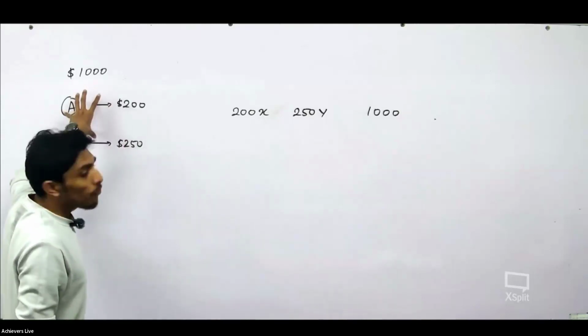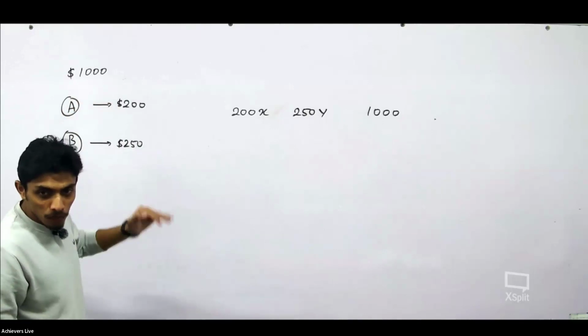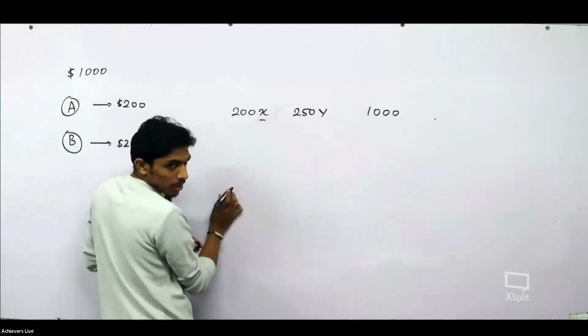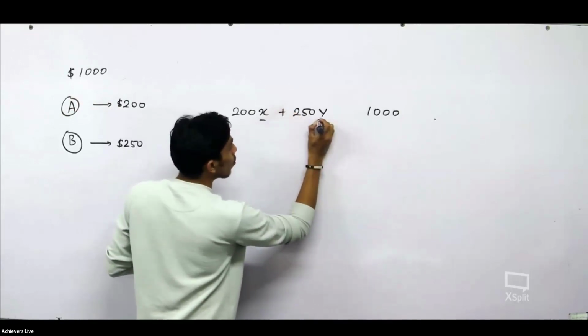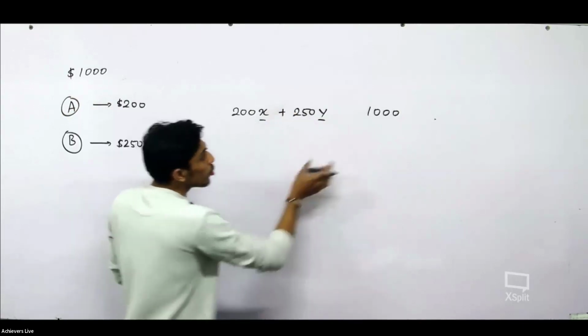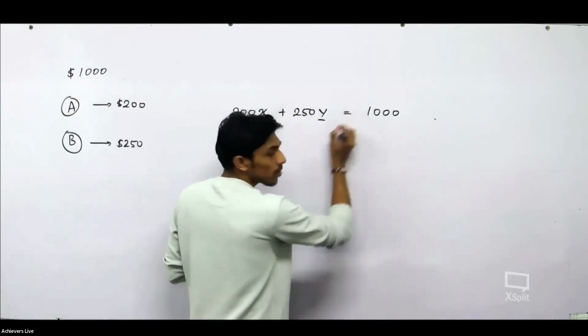If you are going for the combination, some amount of X you can purchase plus some amount of Y you can purchase. Yes or no? It should be equal to 1,000. Got it?